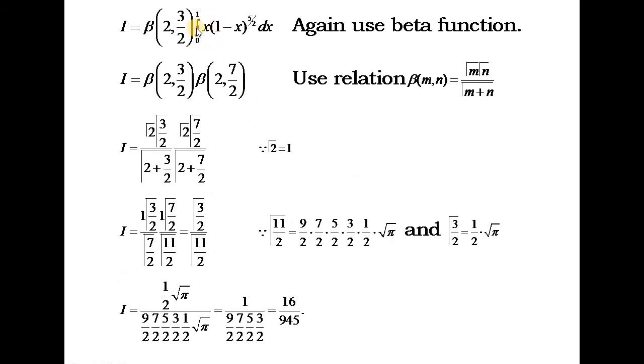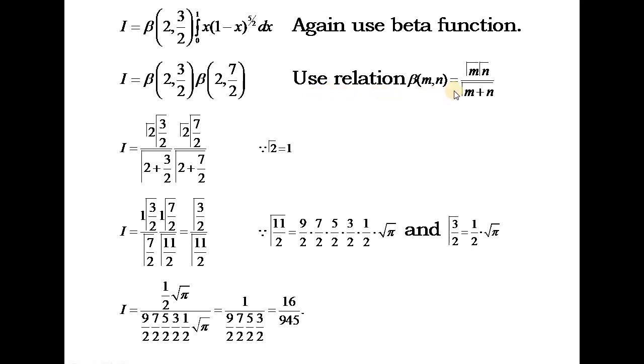And the integral from 0 to 1 of x into (1 minus x) raised to 5 by 2 dx. Again use the beta function: for x into (1 minus x) raised to 5 by 2, x power is 1, so beta of 2, and 5 by 2 plus 1 is 7 by 2. So we have beta (2, 3 by 2) and beta (2, 7 by 2).